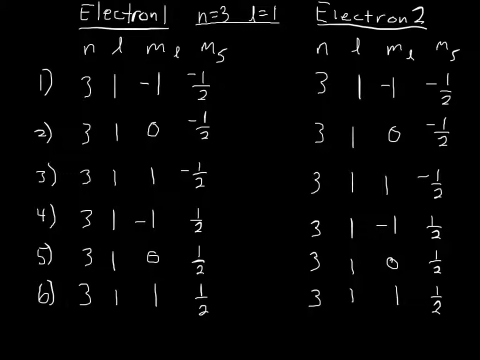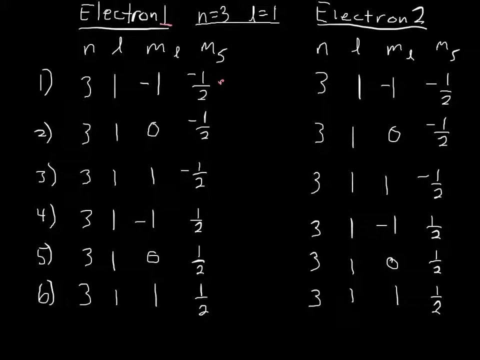So we know for electron 1 and electron 2, they're in these states and can have these combinations of quantum numbers. But if the Pauli exclusion principle applies, then they can't have the same quantum numbers. So if electron number 1 is in our first state, electron number 2 can't be in that same state.